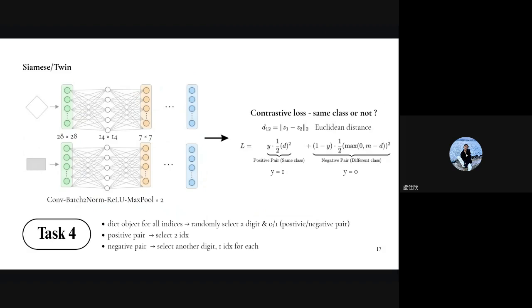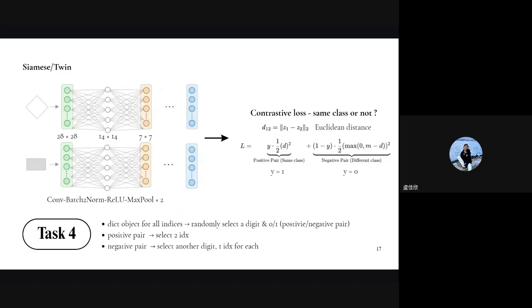So for the definition of loss here, we followed the suggestion in the challenge, and we use contrastive loss, which is defined based on the Euclidean distance of the two embeddings. And for the network architecture, we try using a convolution network here, which consists of 2 modules.